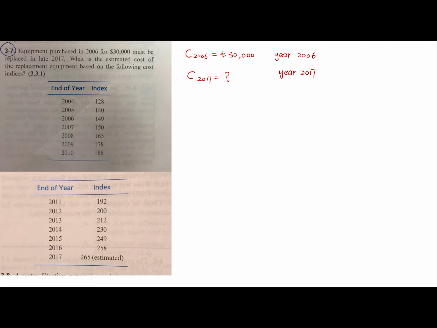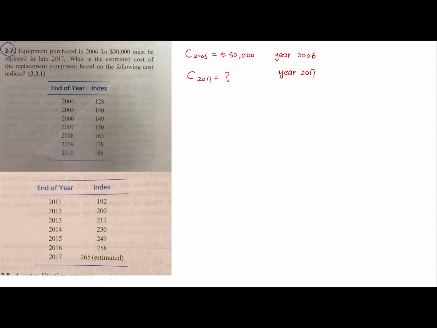Okay, this is our indexing problem. Do you remember the indexing method is to estimate your future cost of something you have purchased, or something you already know the price of at a historical time point?